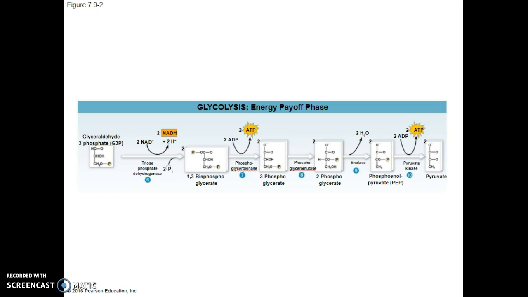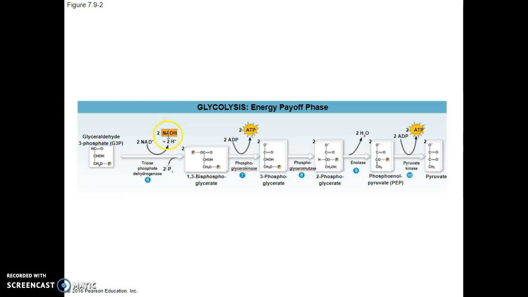So the energy payoff phase, which is also known as the energy releasing phase, the second phase, like I said, and we start at this phase with G3P. I'm only using that acronym because I can't pronounce this. But regardless, we start off with G3P, and right here we have 2 NAD plus.